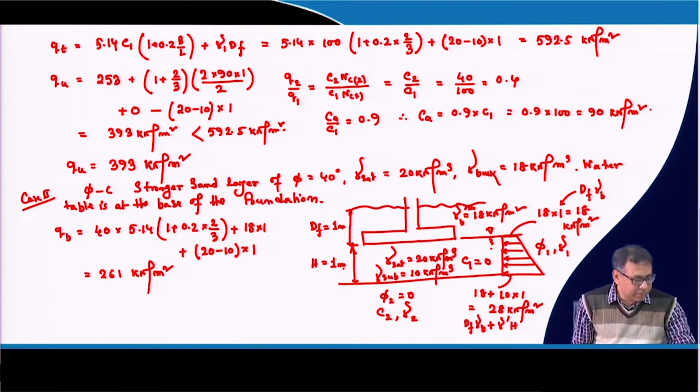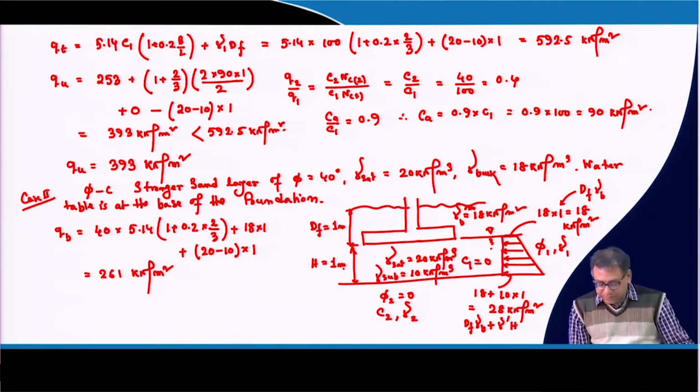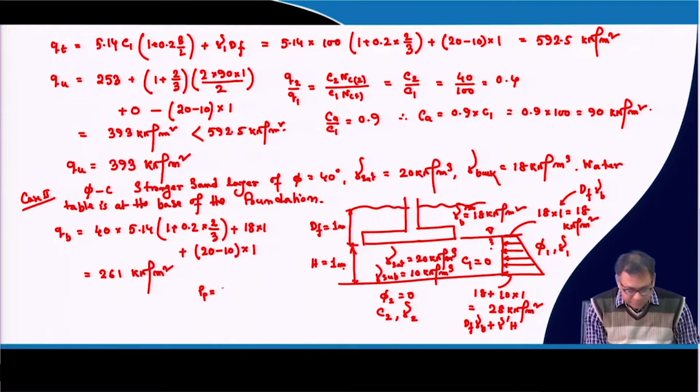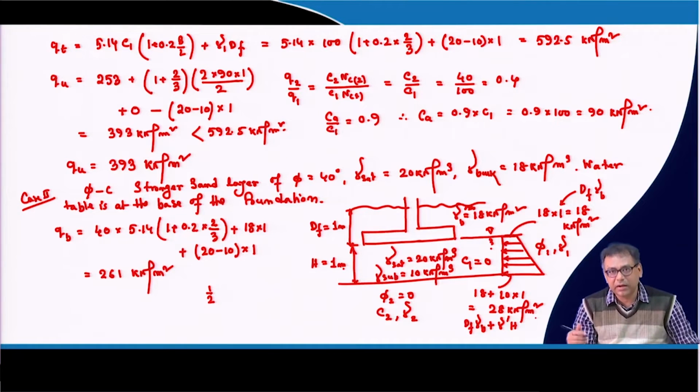So, the passive pressure, or that force, Pp will be half. Here I am only considering the effective overburden part, because K has already been multiplied in the general equation.